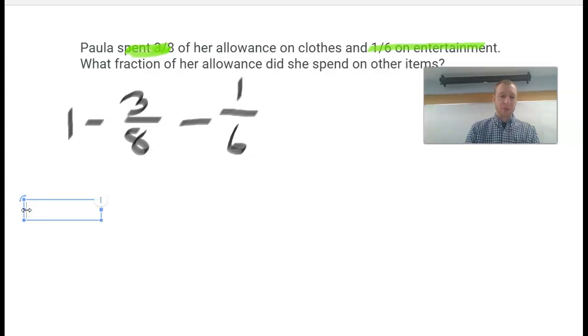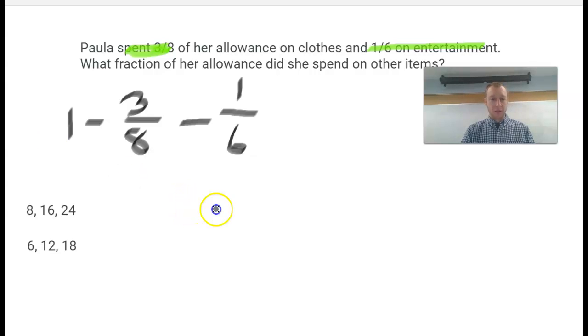So what are the common multiples? Let's see, 8, 16, 24. And what are the multiples of 6? 6, 12, 18. Okay, so looks like the common multiple is 18, right? So that's going to be my common denominator.